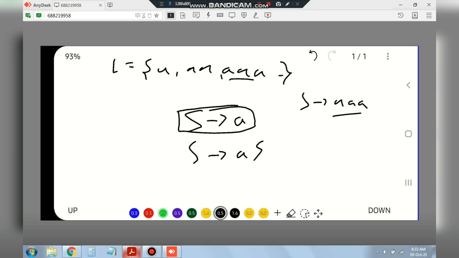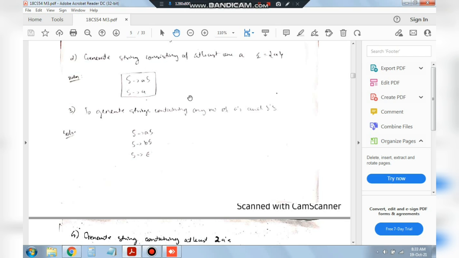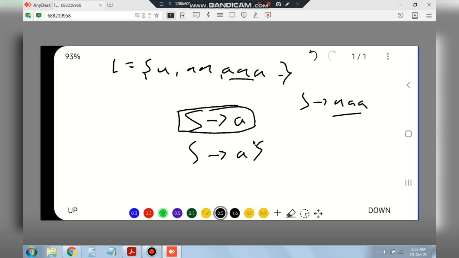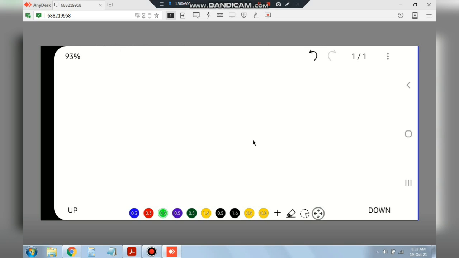Let's move on to the next one, which is to generate a string consisting of any number of A's and B's. Okay. So in this language, we have A's and B's, both the letters. And those can be any number of A's and B's. So it's simple. What we'll do is first let's write down the minimum language we can form.